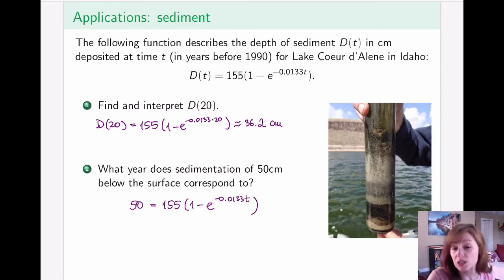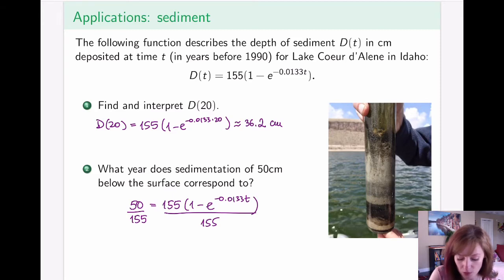Notice that t only occurs in one spot in this entire equation, so we can solve for it using logarithmic functions. Once before, I think I've said, please try to first isolate the term that contains t and then take logarithms, as that will make the calculations simpler. So here I would move 155 over at first, so divide both sides by 155.